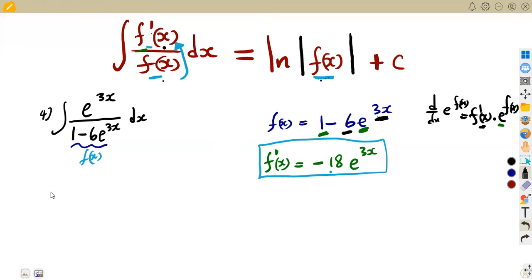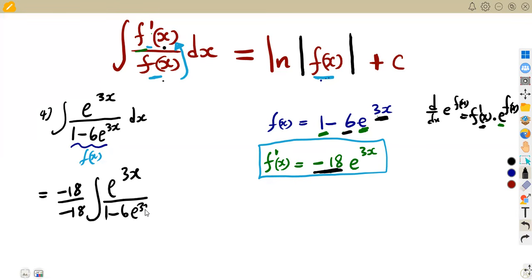So there we are supposed to make adjustments, which is multiplying by what? By -18 over 18, which does not affect anything. That is the integral of e to the exponent of 3x over 1 minus 6 e to the exponent of 3x with respect to x. By multiplying by this, we simply want this -18 here to multiply what is on top.